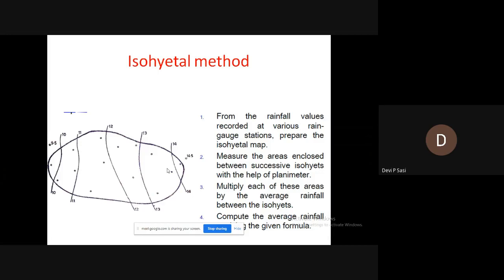The third step is to multiply each of these areas by the average rainfall value. If we are considering isohyets 12 and 13, you consider the area enclosed between 12 and 13.